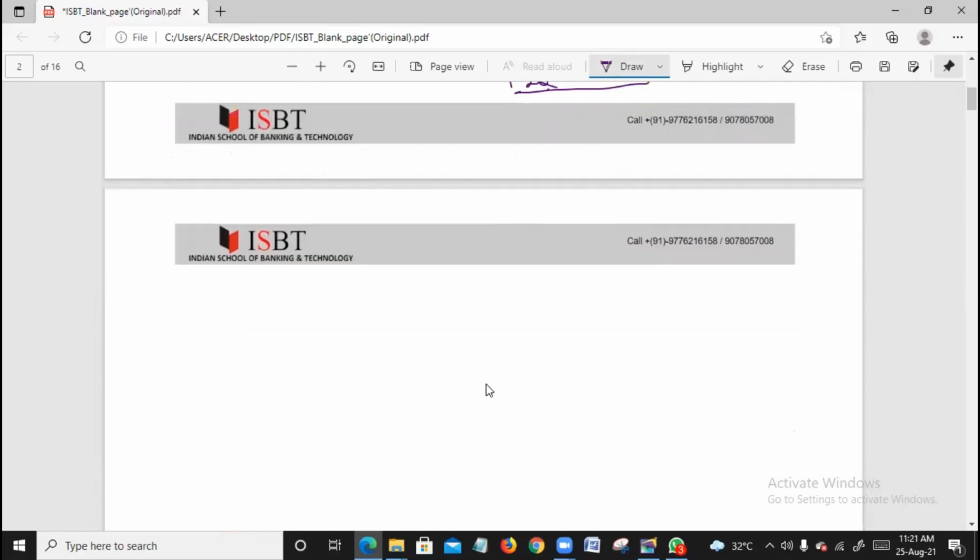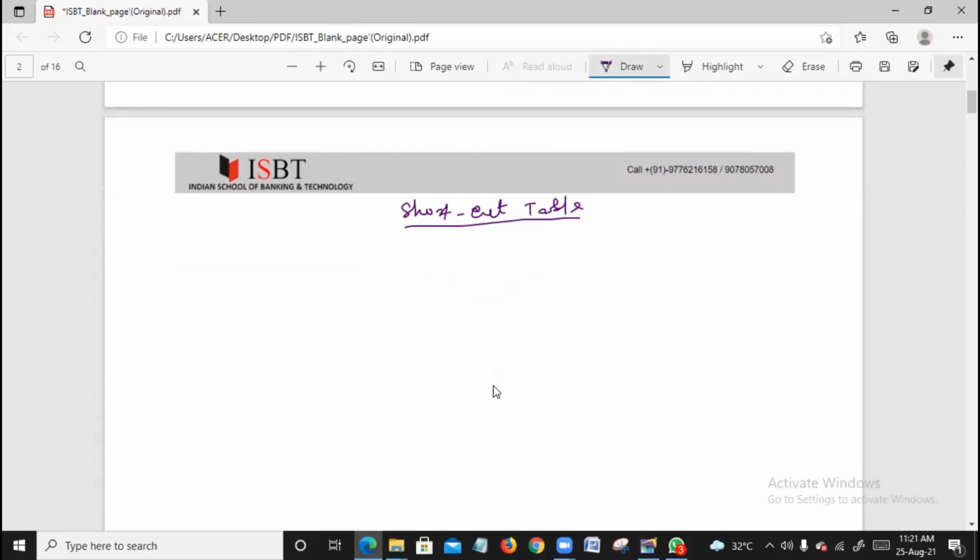Then we should remember some important table or important rule, the shortcut rule. Shortcut table. For example, 4%. 4% means 4 by 100.